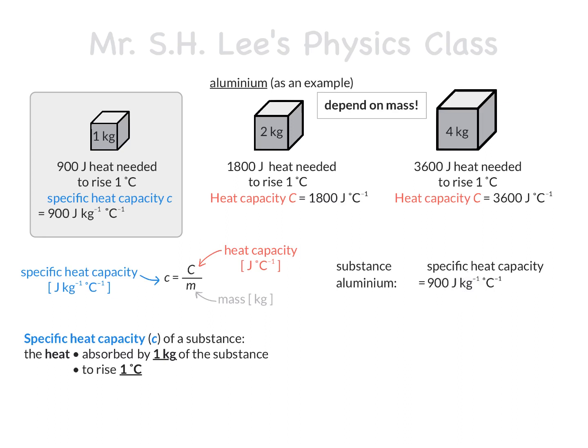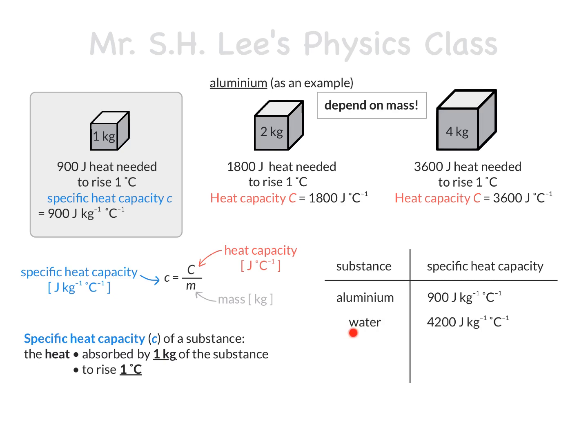In view of this, specific heat capacity is about the substance itself and not how many kg of the substance there is. For example, the specific heat capacity of the substance water is 4,200 joule per kg of water per degree Celsius. That of the substance water in solid state, that's ice, is 2,100 joule per kg of ice per degree Celsius.